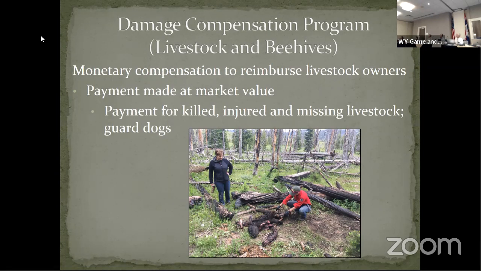We try to compensate landowners to some extent for all the work they have done to help maintain these carnivores on the landscape, but not ruin them financially, because this public resource, specifically grizzly bears and wolves, is having an impact on them financially.